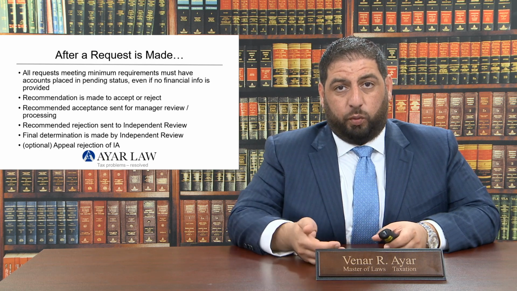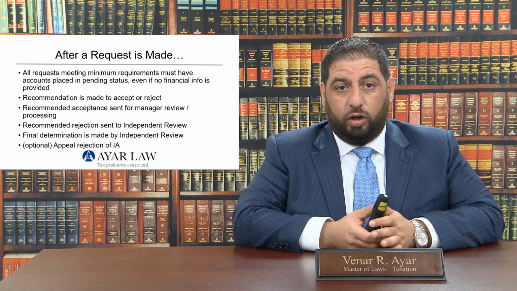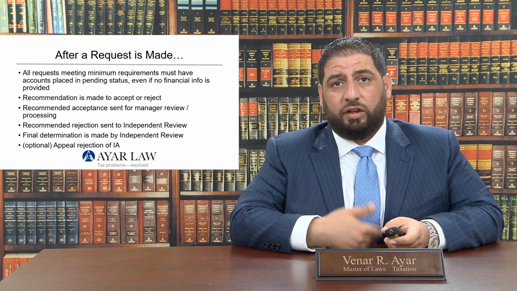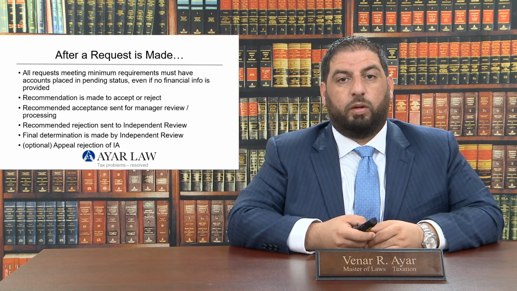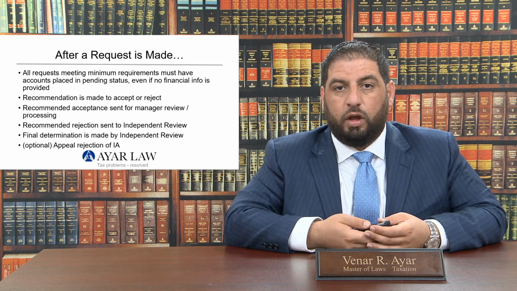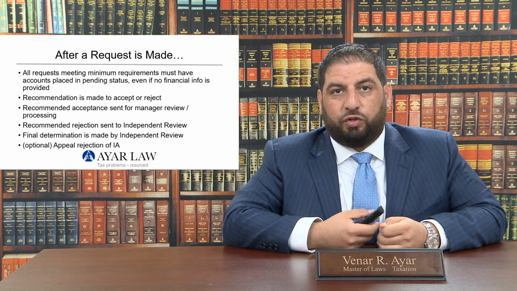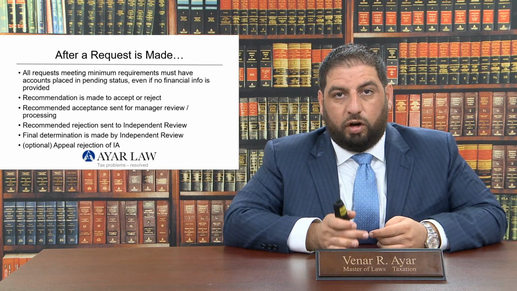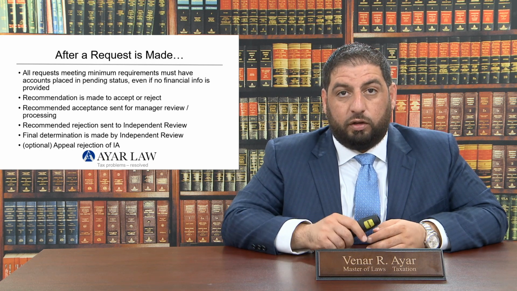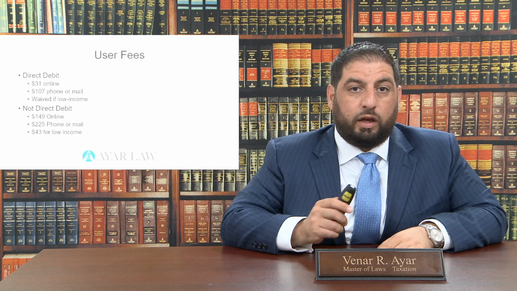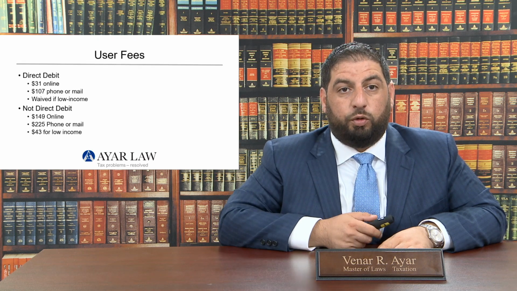If they concur in the rejection, then a final determination is made. Taxpayer gets a rejection letter, and then that triggers the right to file an appeal. So that is the process, start to finish. They're not supposed to communicate their intent to reject an offer or to propose rejection until after independent review has looked at it. So you'll send it in, and then it takes a long time sometimes to get a rejection letter.